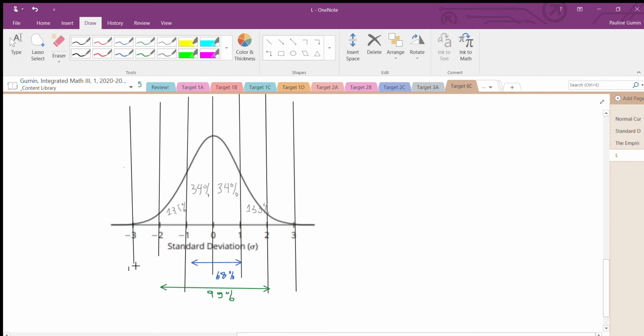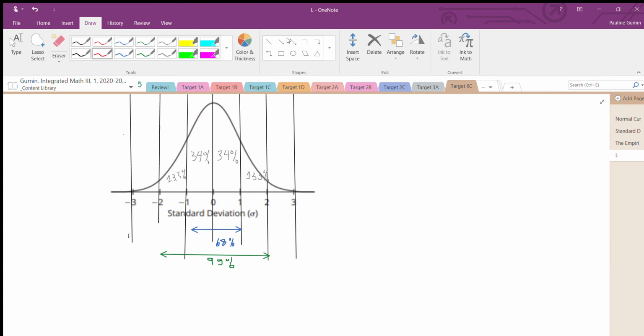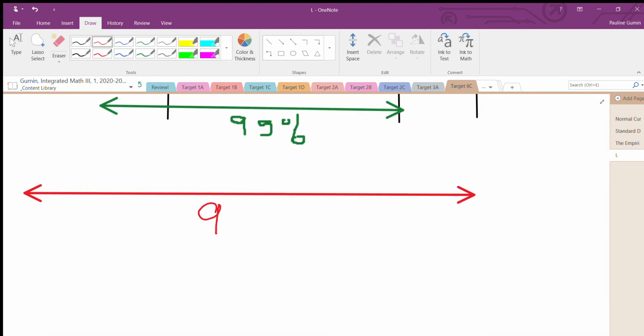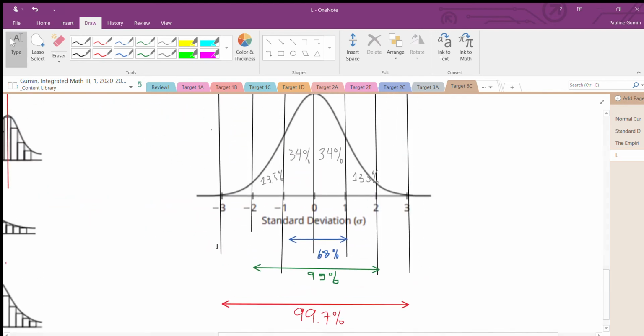Okay. So, when we have the information between 3 standard deviations to the left of the mean and 3 standard deviations to the right of the mean, we have a total of 99.7%. Wait, 0.7? Yes, 0.7. It's not 100% of the data. What? I know.